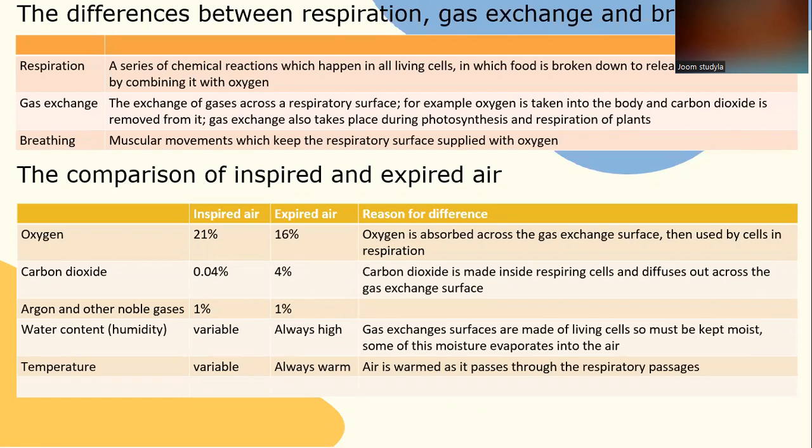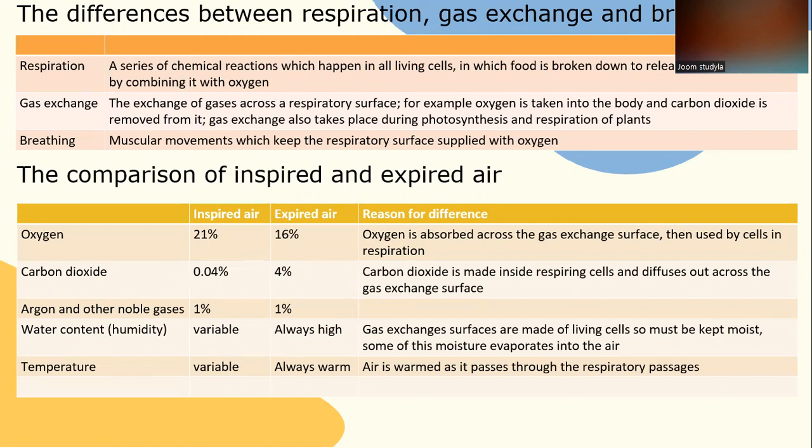So below is the comparison of inspired and expired air. Oxygen in inspired air is about 21%, expired air is about 16%. You can see that inspired air is higher than the expired air. The reason for the difference is oxygen is absorbed across the gas exchange surface, then used by the cells in respiration.